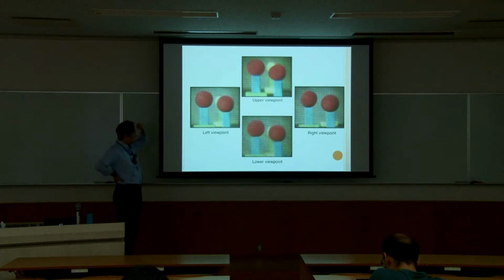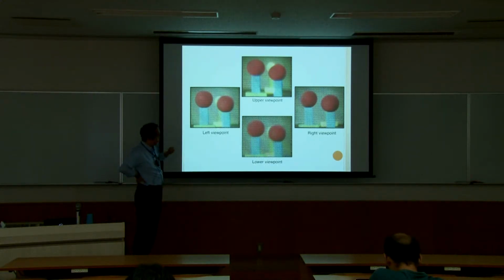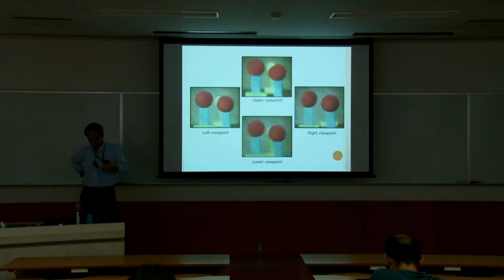As you can see, the resolution is not so high, because the resolution is the same as the number of lenses. The number of lenses is not so high, but the directions are about 20 by 20, so you can see about 400 images from different directions. This is their technique.